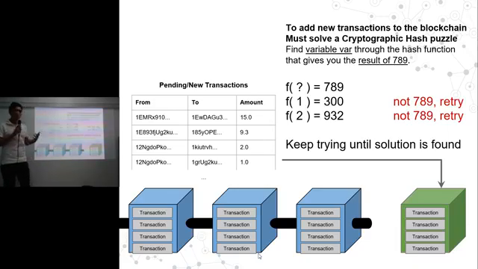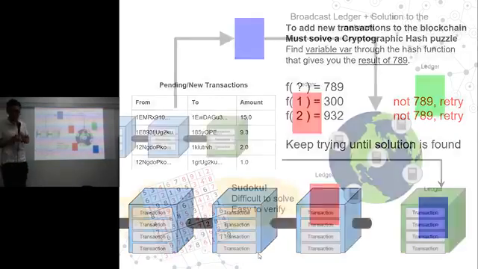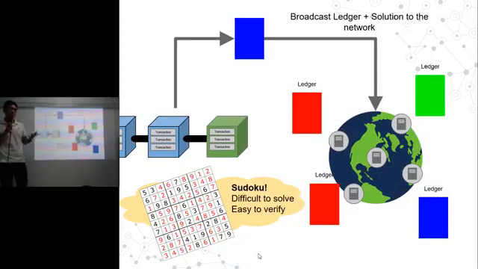So the only way for you to find that out is to keep trying. You feed in a value of 1 into the variable, and you get 300. So it's not 789, you retry again. You feed in 2, and then you get 932, you retry. So you keep retrying until you find the solution of 789. That's essentially how the proof of work puzzle really works.